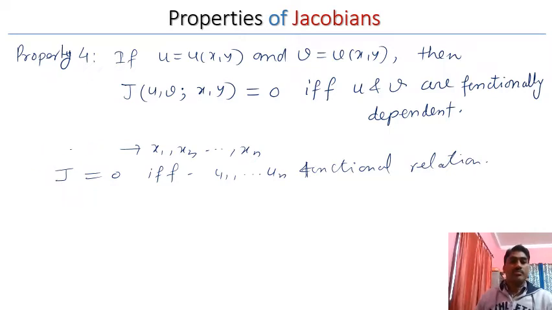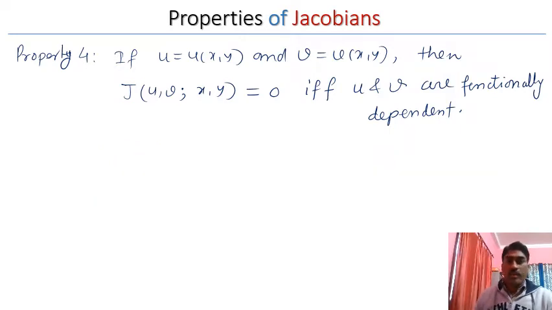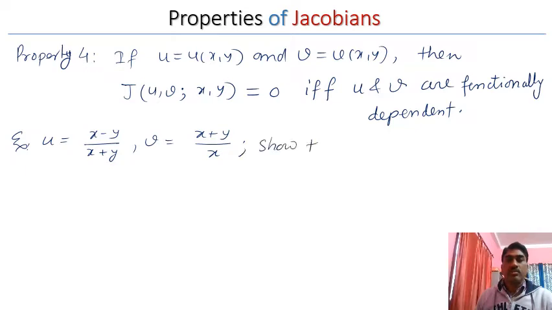As a first example, let us consider u is equal to (x minus y) by (x plus y) and v is equal to (x plus y) by x, show that u and v are functionally dependent.